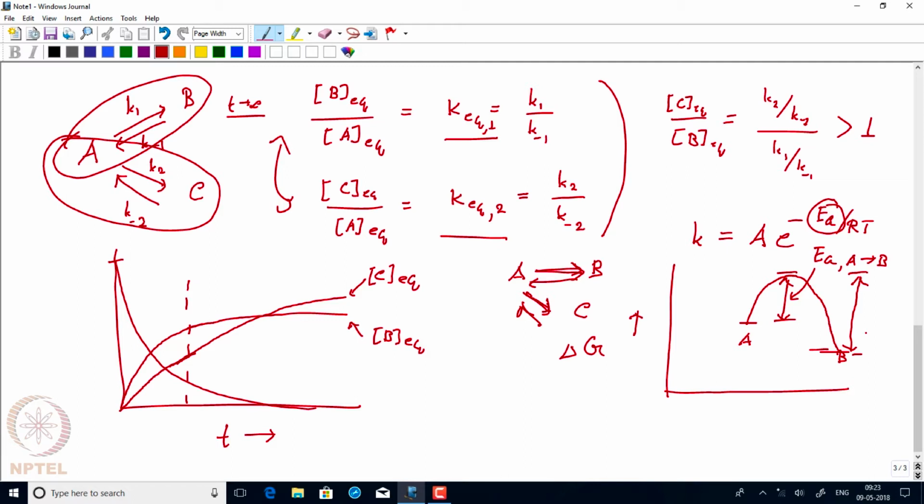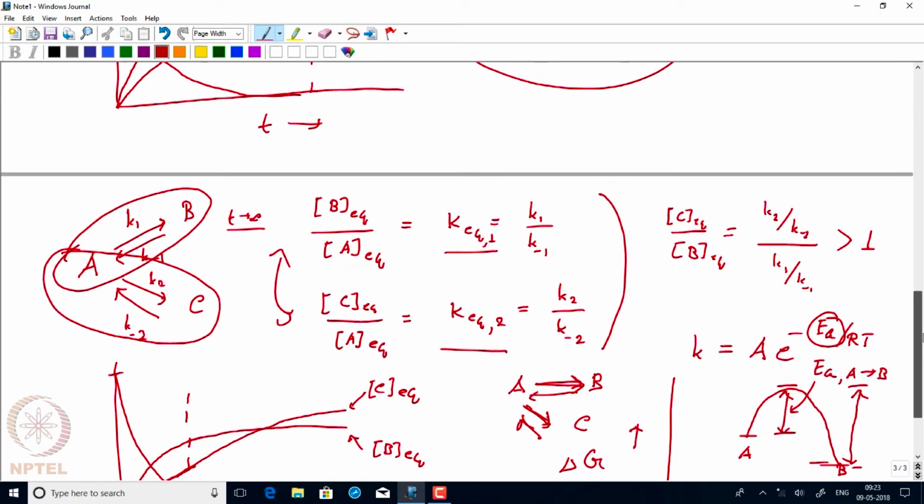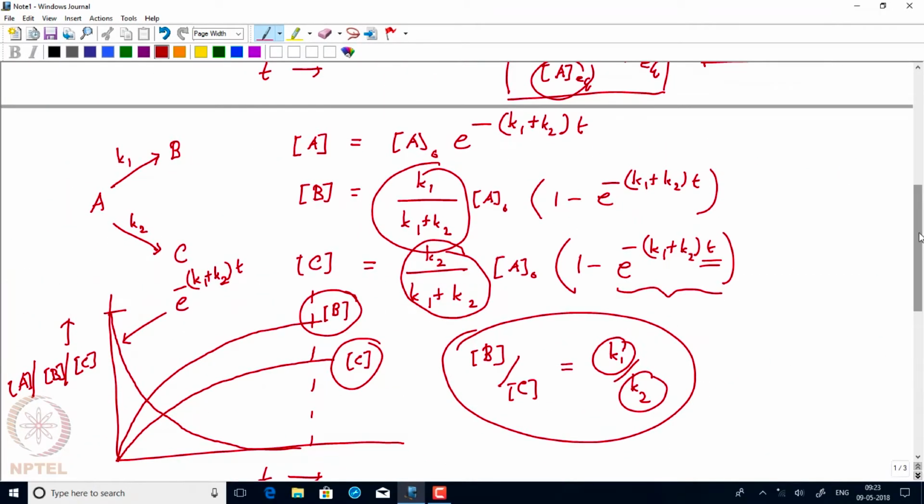Now what we said in the earlier example of the kinetically controlled product is that at a very early time, something like this is happening. I had A here, and then I was forming both B and C. Suppose B had an activation energy of about this much, but C had a much higher activation energy.